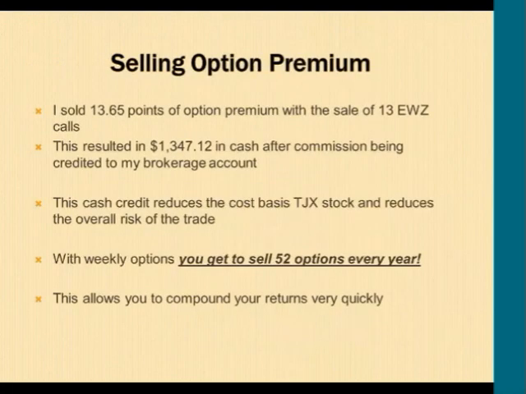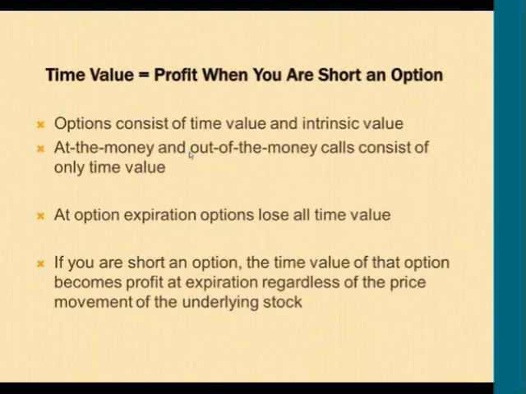So it's a spread strategy to profit on both sides. And when I sold the EWZ 57 strike calls, they were at the money calls, so that was all time value, and that, as we saw before, becomes profit at option expiration if you're short.